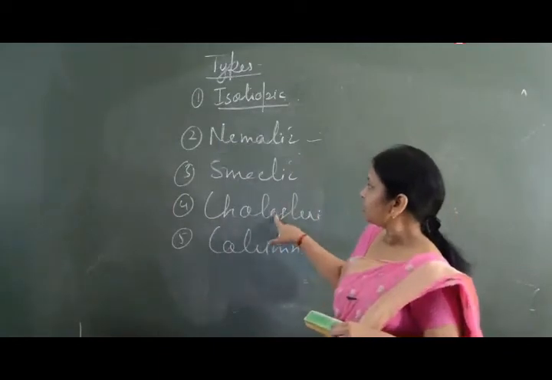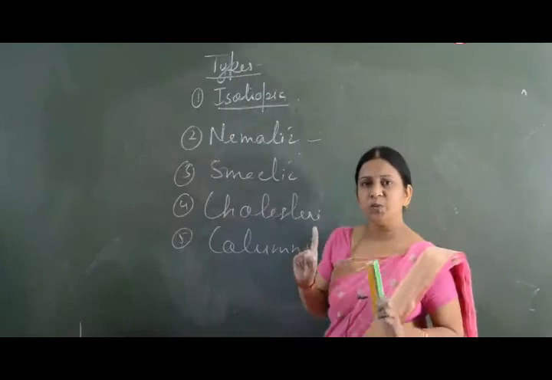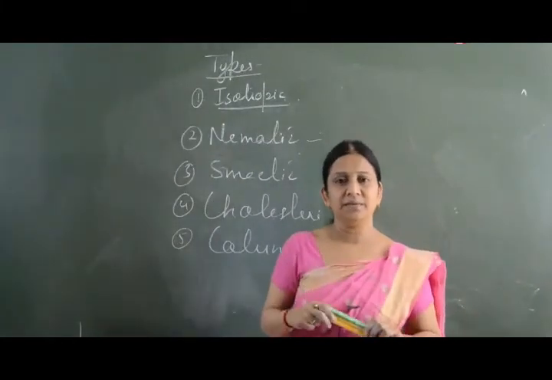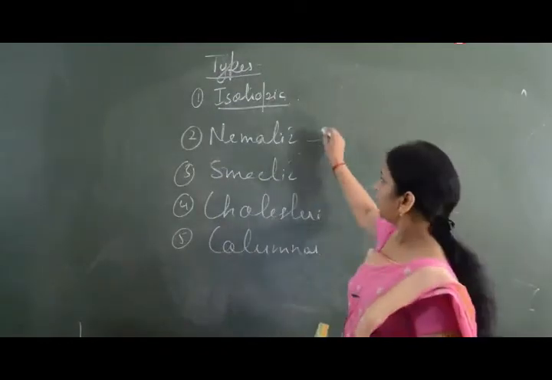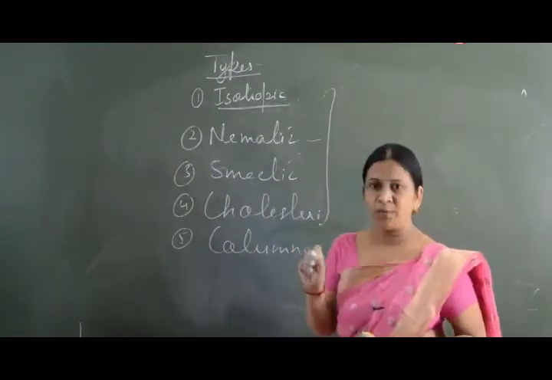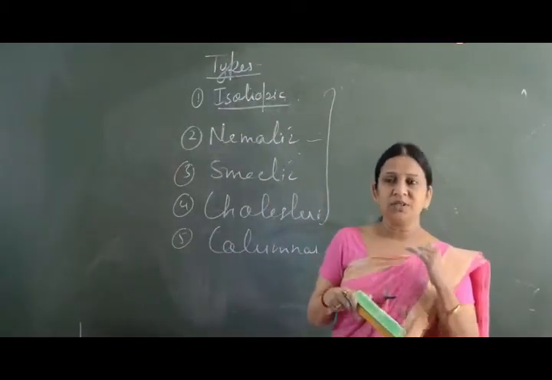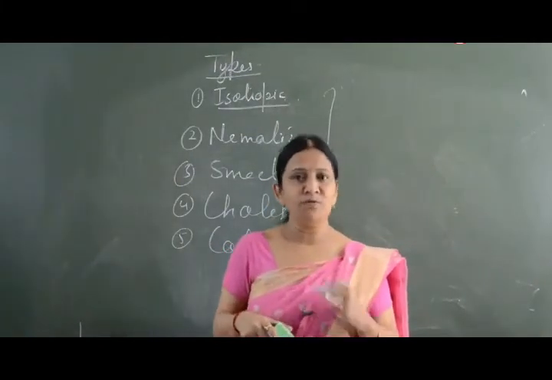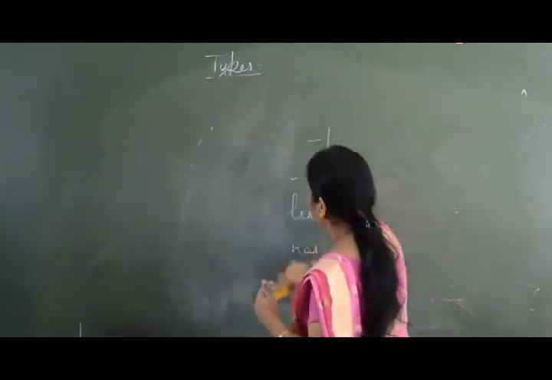Within the layer, the arrangement is like nematic liquid crystal, and one layer is twisted with respect to the other layer. And the last is columnar. The difference between the other liquid crystals and columnar is that in columnar, the substance is present in the form of discs. So these are the types of thermotropic liquid crystal.